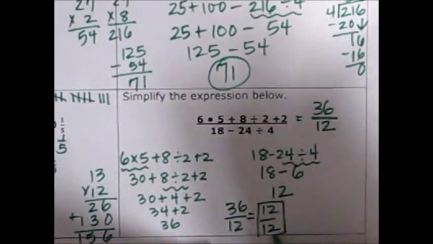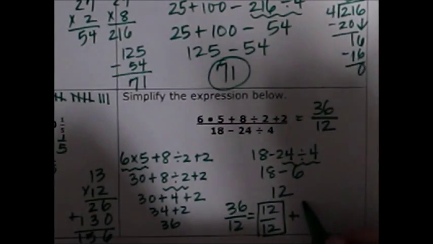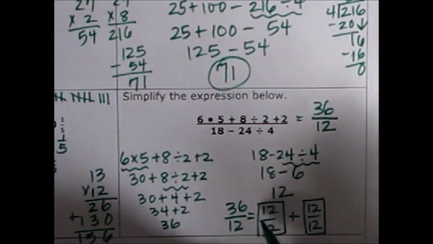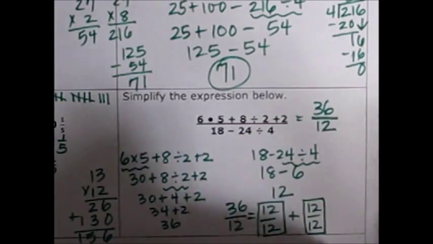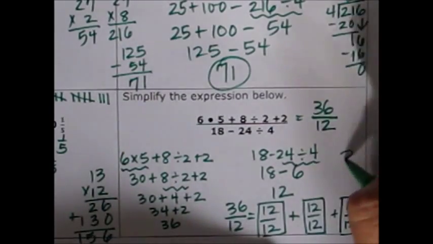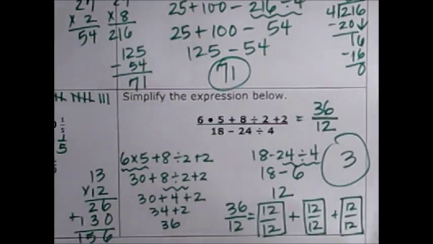So that would be 1. So 36 minus 12 is 24. So I still have room to pull out another whole. Okay, so 36 minus 12 is 24, minus 12 is another 12. So really, 36 divided by 12 is 3. 1, 2, 3. Cool.